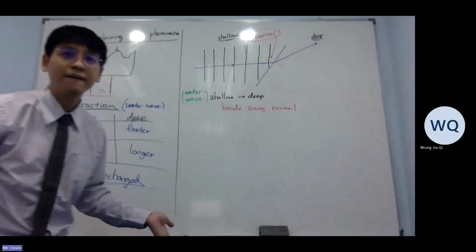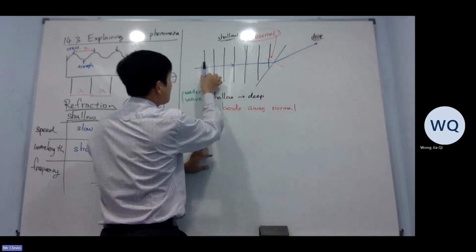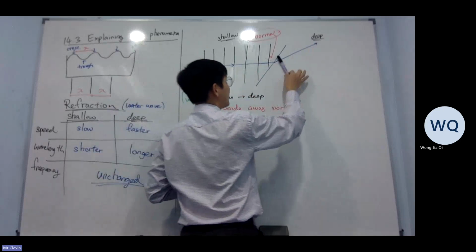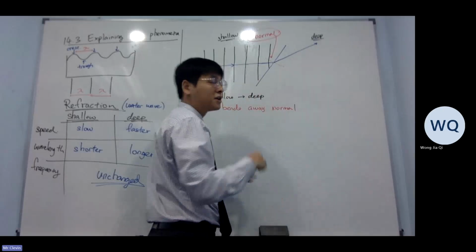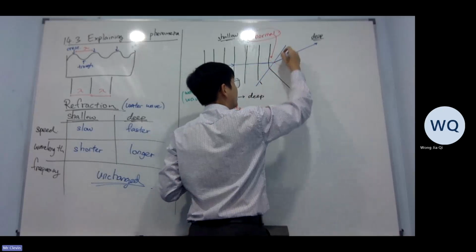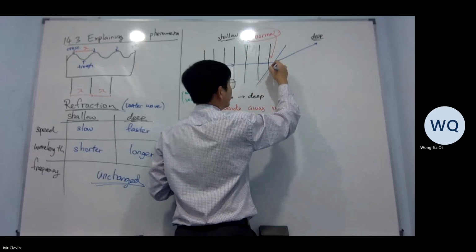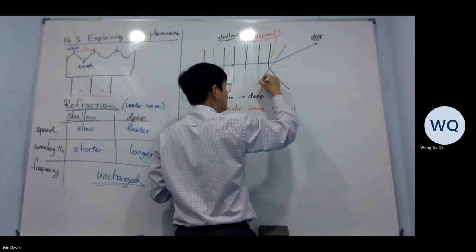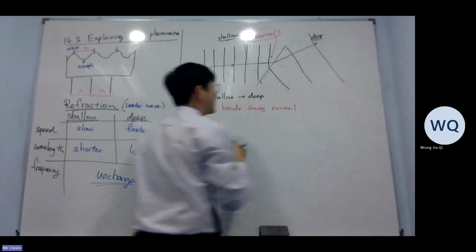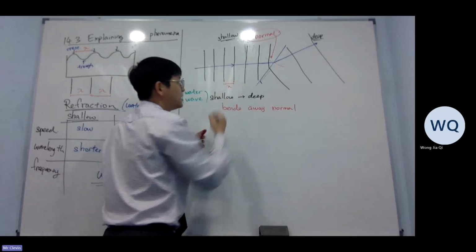Get it? And when this is the direction, can you see all my crests are also perpendicular to the direction, right? That means my crest has to go in this way, correct? So this one bends a bit, this one bends more. I need to draw it like a bend. Can you see? Originally, my wavelength, what happened?